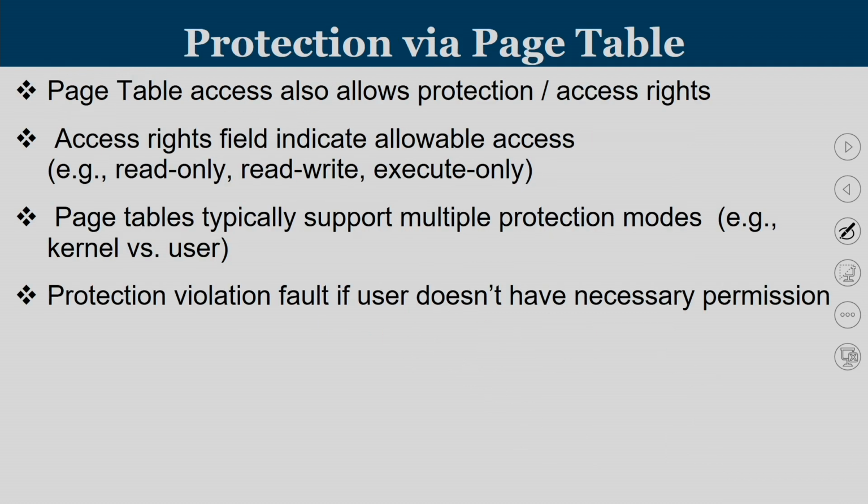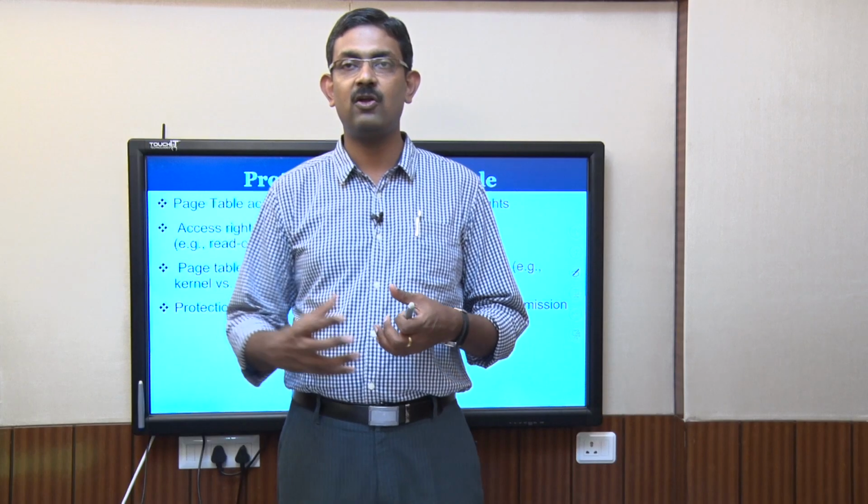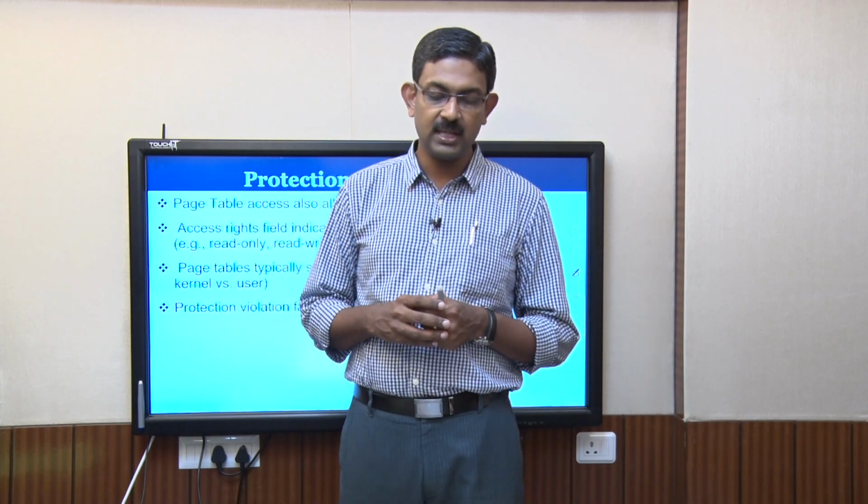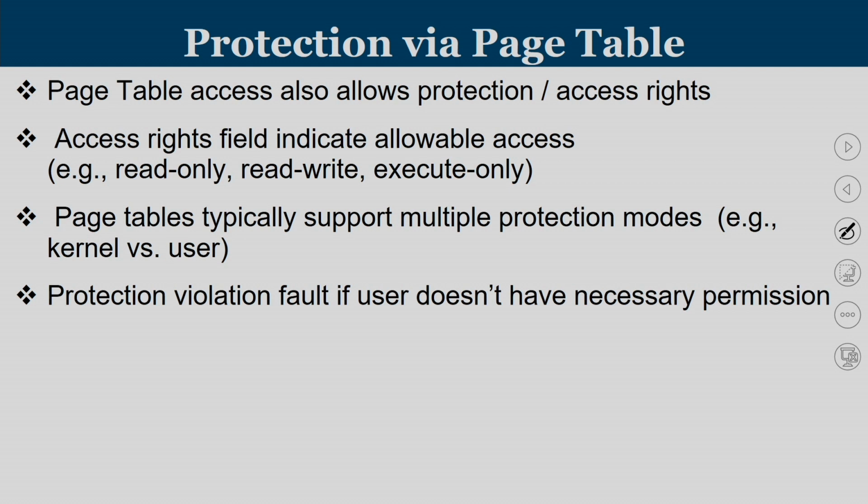Now you have certain scenarios where the programmer wanted some kind of protection with respect to certain segments of the program. In that case, page table access will also permit protection and access rights.